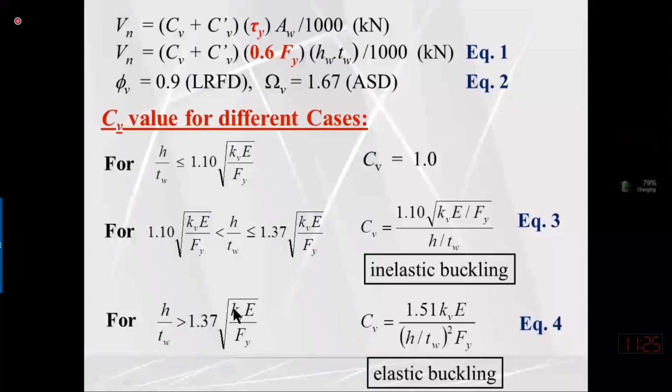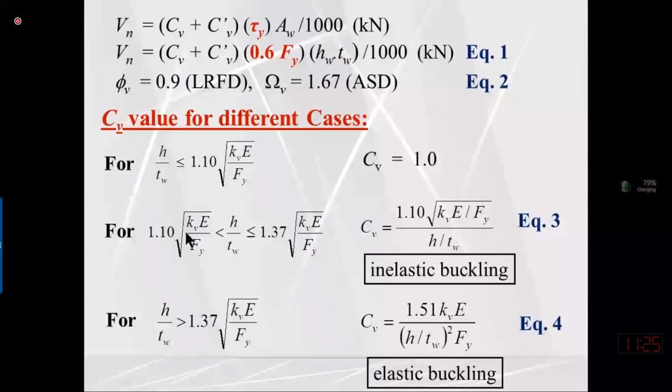So CV value can be computed by using any of these three expressions. Actually, in order to check the compactness of the web, or height of the web over thickness of the web ratio, we need KV value. So how to compute KV value? First of all, what is KV? That is the web plate buckling coefficient.